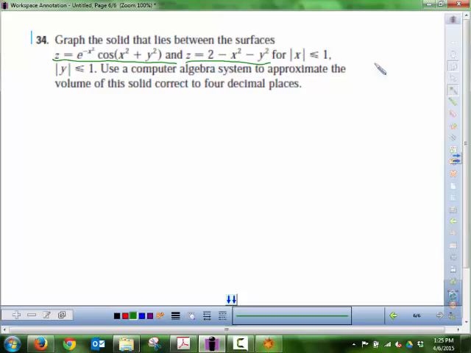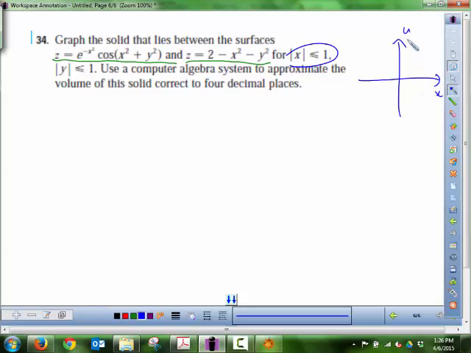So that region is actually the square of negative 1 to 1. So we have our region, and then we have two surfaces.